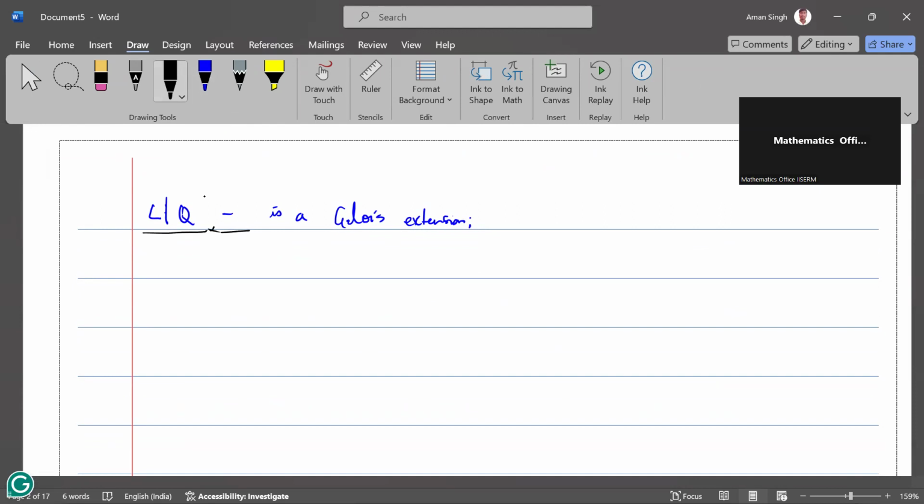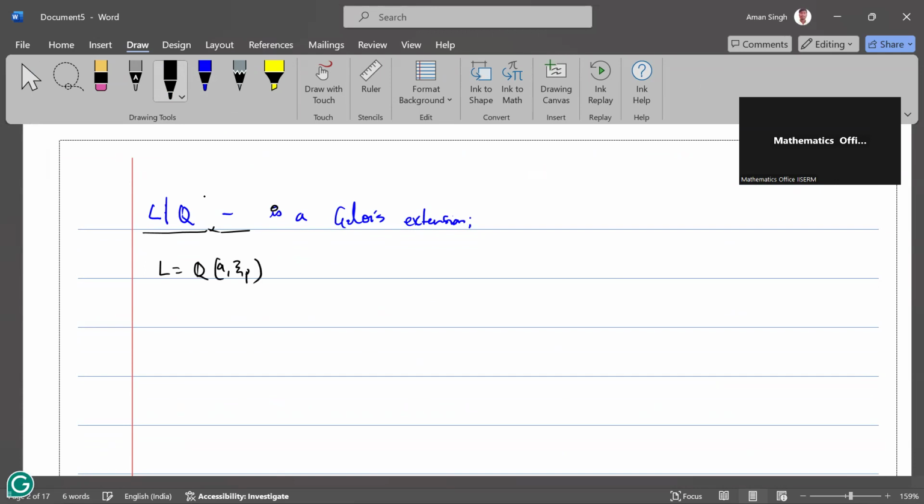So for that, first we have to calculate what is the degree of the extension. Okay, so we have seen that L is equal to Q(a, zeta p).